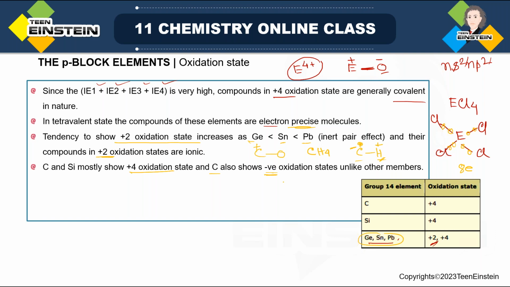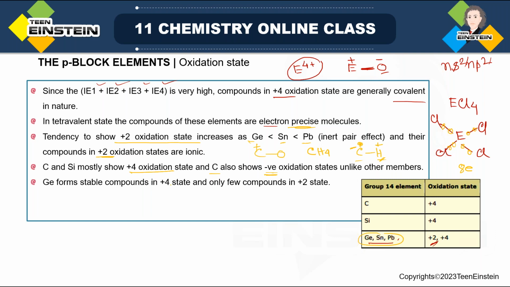So it depends on which element it is forming a bond with. If you know the electronegativity of the elements, which one is high and which one is low, you can easily find the oxidation state. There are many organic compounds where the overall oxidation state of carbon is negative.